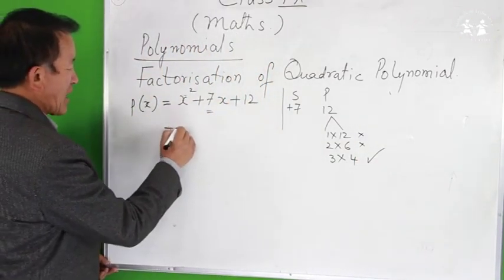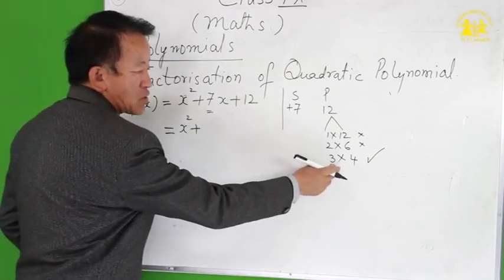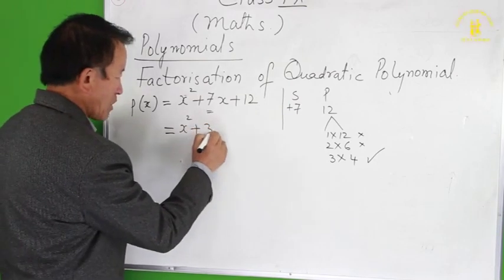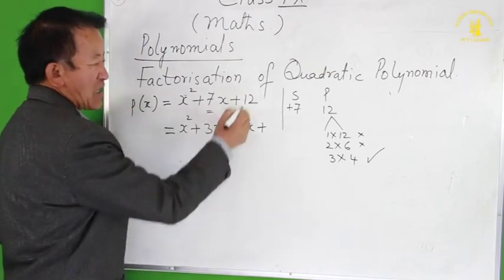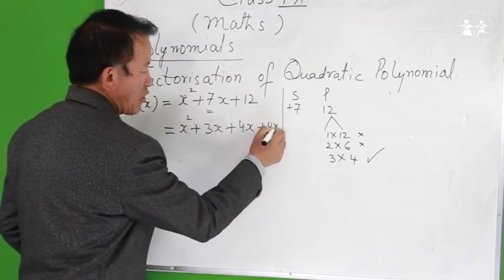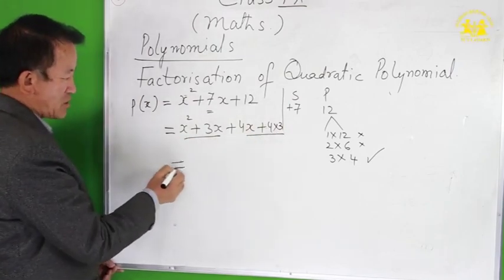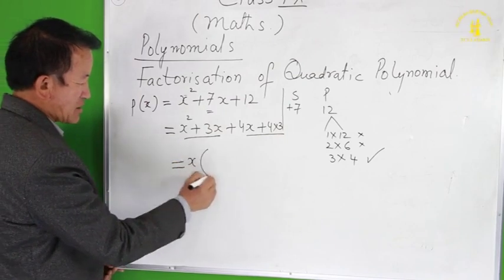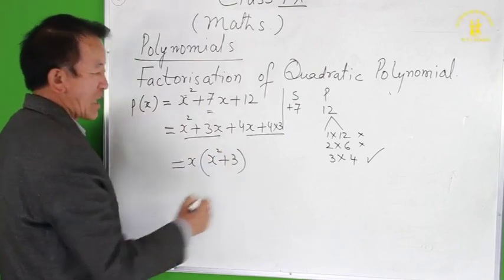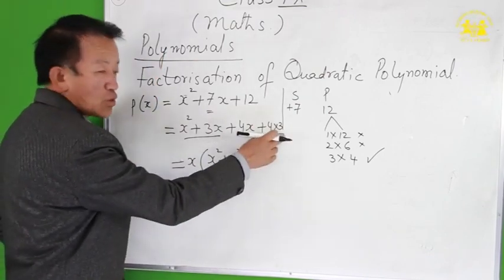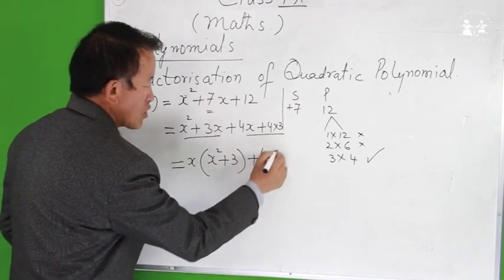So we have x squared plus, instead of 7x, we can write plus 3x plus 4x plus 12. We can also write 12 as 4 into 3. So we shall try to take the common factors. The common factor in this case is x. What will be left? x plus 3. Plus the common factor in these two terms is 4.